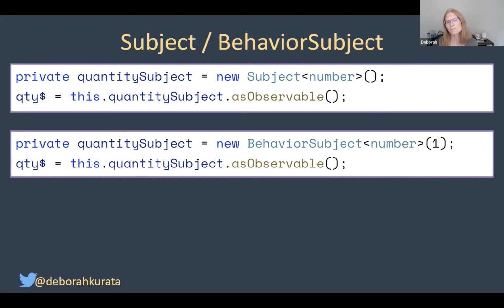If there have not yet been any emissions, then it will emit the default, and that's what we're providing here. So a behavior subject requires a default. When anyone subscribes, they immediately get that default value. As soon as it starts emitting, it will cache that last emitted value and emit that to any new subscribers.